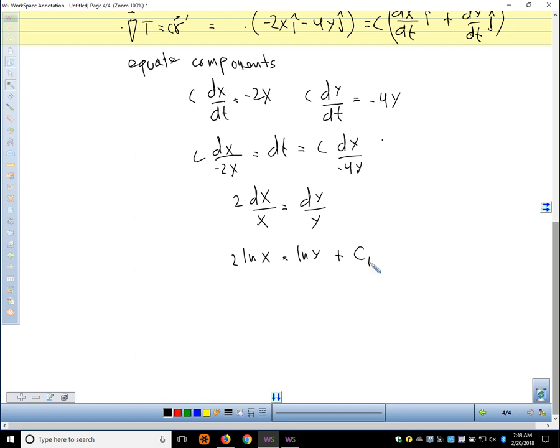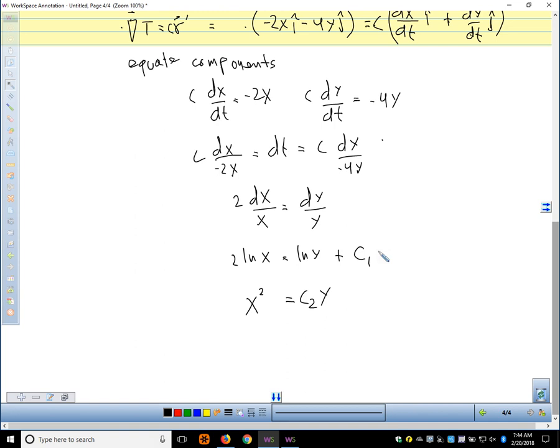And what do I do here? I don't like those natural logs. Raise e to both sides, writing this in exponential form. So I get x squared, because I can write 2 natural log x as natural log of x squared, equals c2 y, because this is e to the natural log y plus c1, so that's e to the c1 times e to the natural log y.